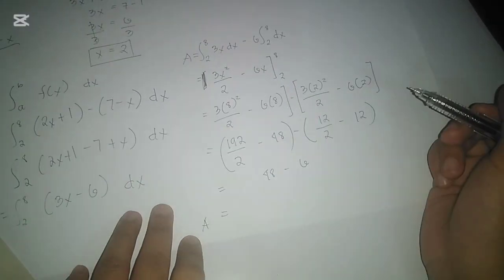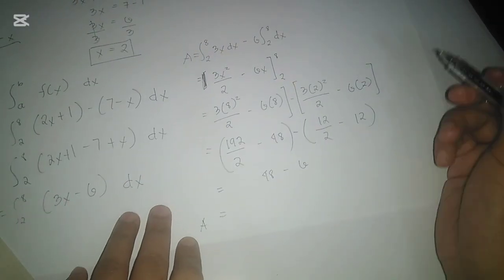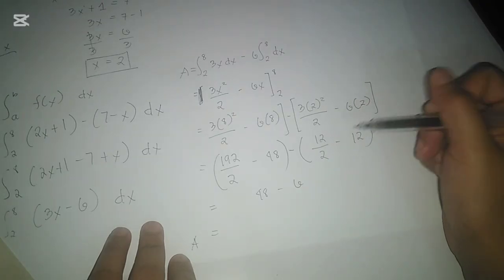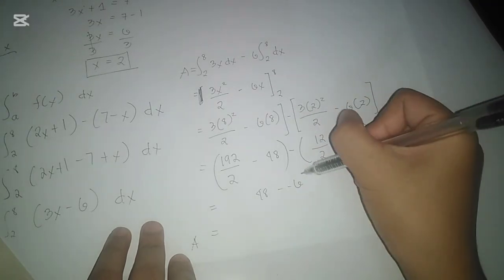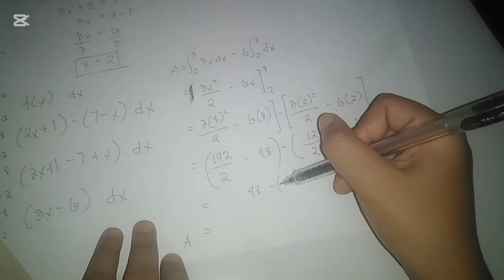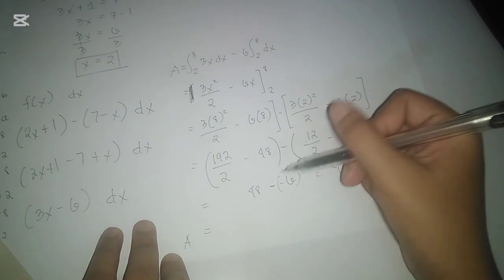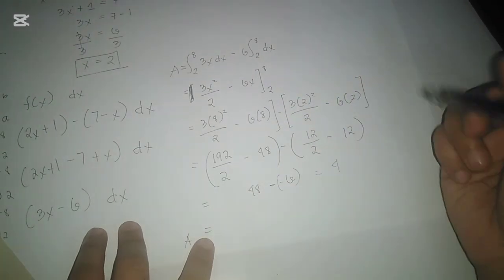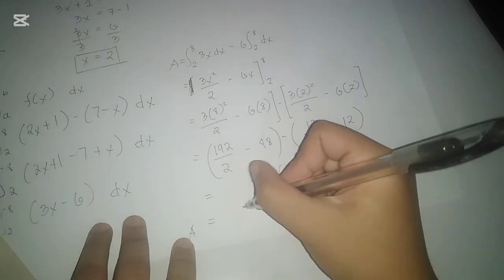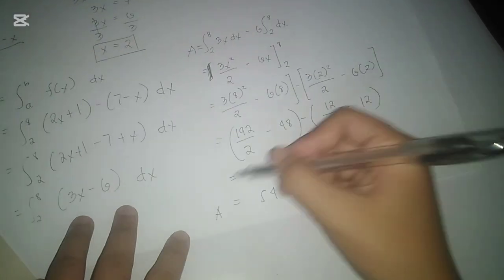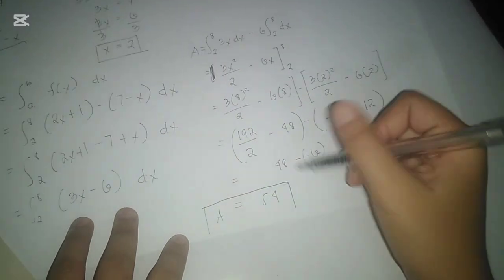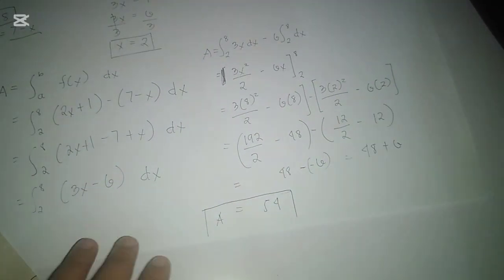So 48 minus, 12 over 2 minus 12 is negative 6. Negative times negative is positive, so 48 plus 6. Now 48 plus 6 is 54. So this is our area, 54. But we're not done yet. We need to remember that the area is 54.